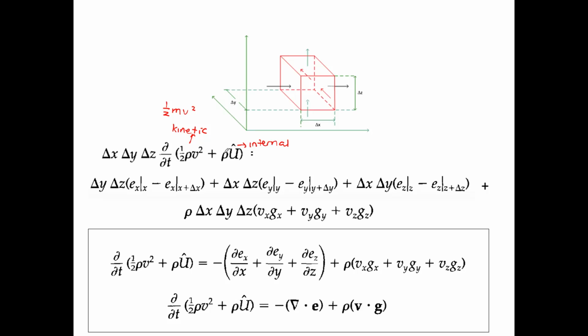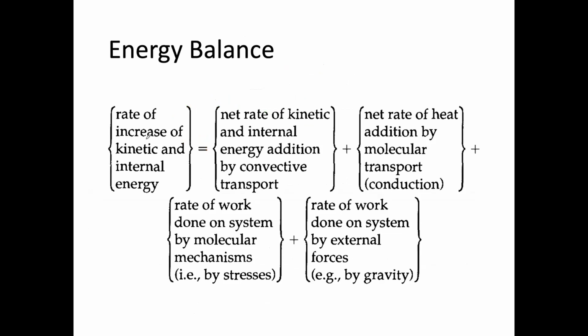Okay, and then the increasing rate, the partial derivative of this over partial t, which is the rate of increase of kinetic and internal energy. Since it is a rate, it should be divided by time.